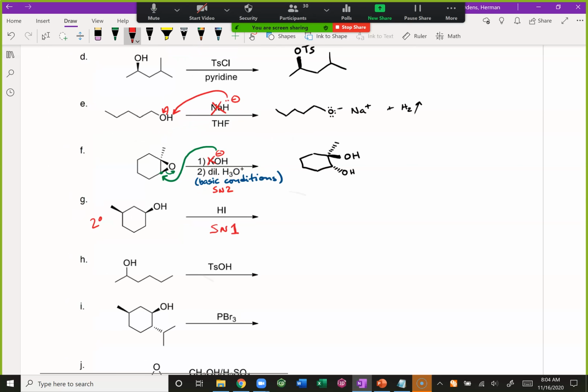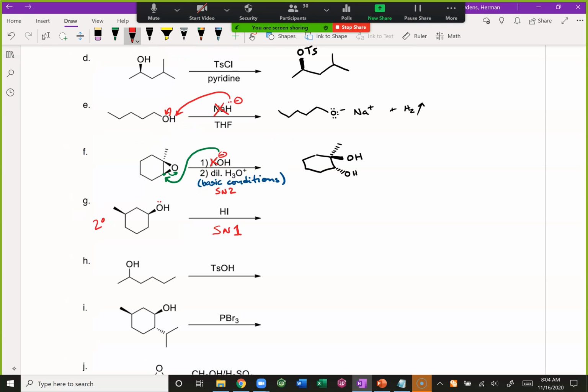You add acid to the OH. The OH gets protonated into water. It leaves, and then you make a secondary carbocation. You keep this chiral center.